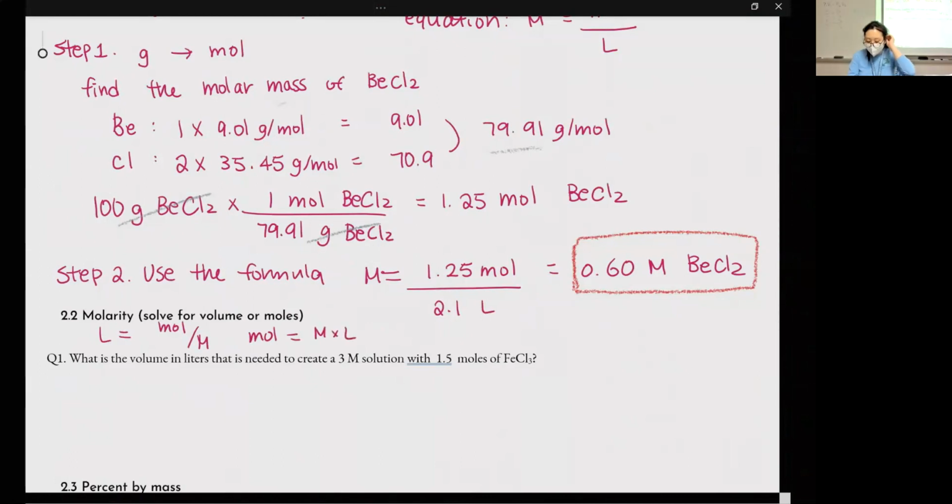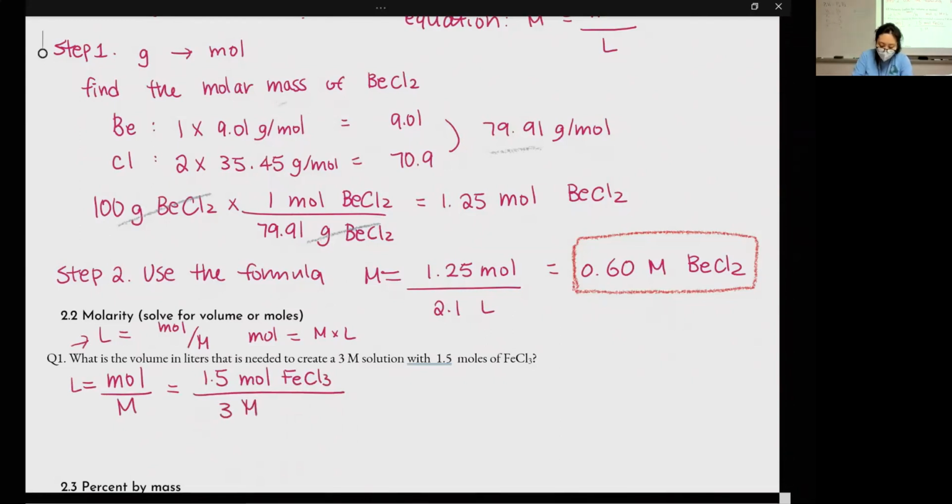All right, so question says, what is the volume in liters that is needed to create 3 molar solution with 1.5 moles of FeCl3? So since we have this in moles, we don't have to look for our molar mass. So what's gonna happen is we're gonna use this formula where it says liters equal to mole divided by molarity. So we have 1.5 mole of FeCl3 and then divided by 3 molar solution.